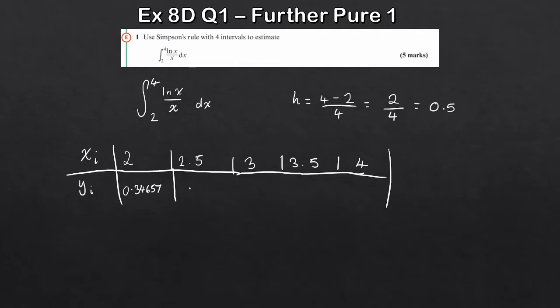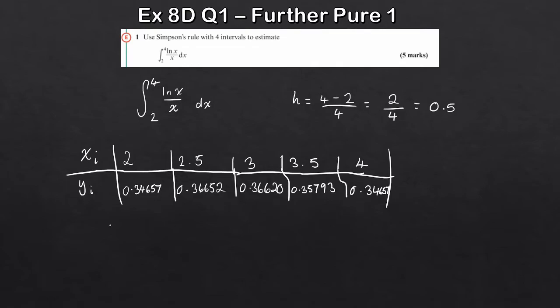So my next one will be 0.36652, 0.36620, running out of room a little bit, 0.35793, and then finally 0.34657. So we've got our y values.